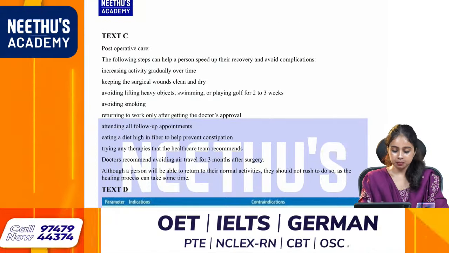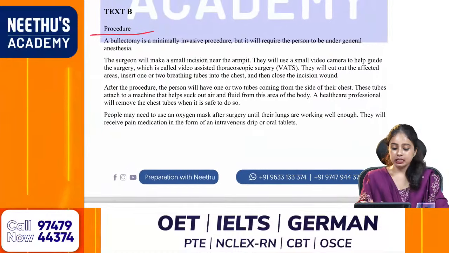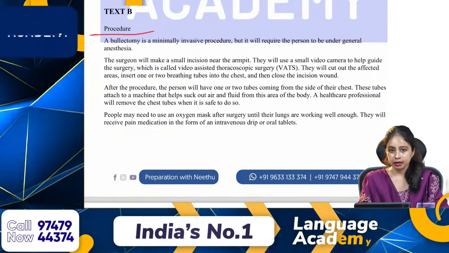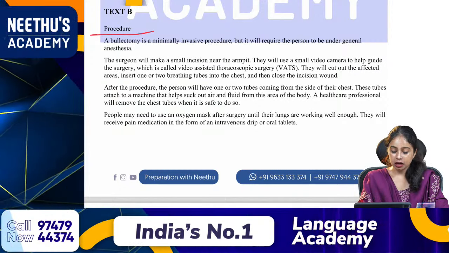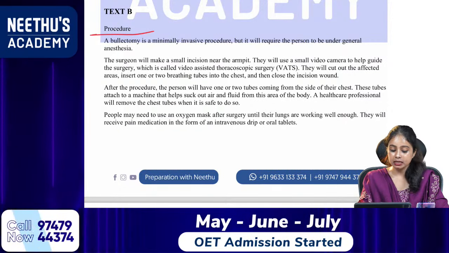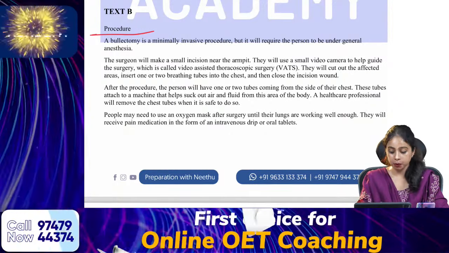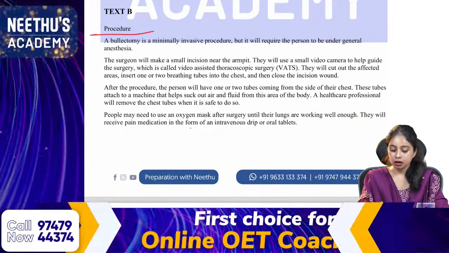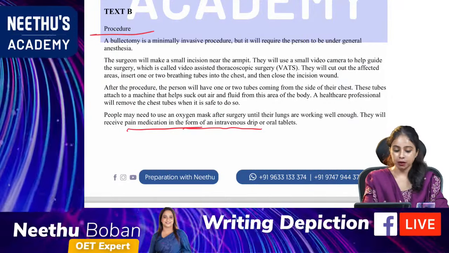So that answer is in text B, the last paragraph. People may need to use an oxygen mask after surgery until their lungs are working well enough. They will receive pain medication in the form of an intravenous drip or oral tablets. So that is the answer, text B.